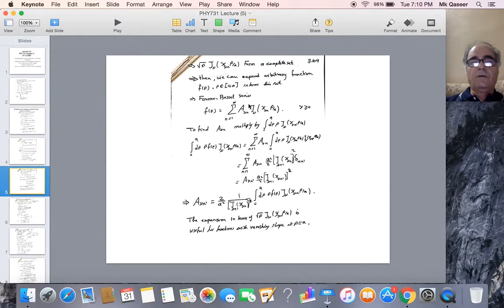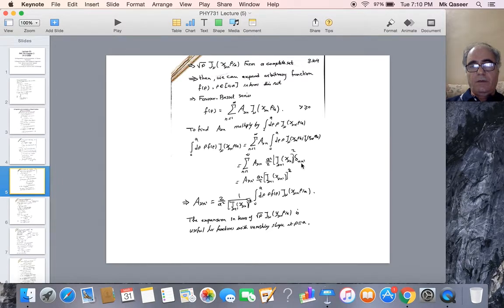To find the constant a sub nu n, we multiply this equation by the integral from 0 to a d rho J sub nu of x_nu_n' rho over a, and then evaluate the integral on the right hand side using the orthonormality relation. We get this expression.